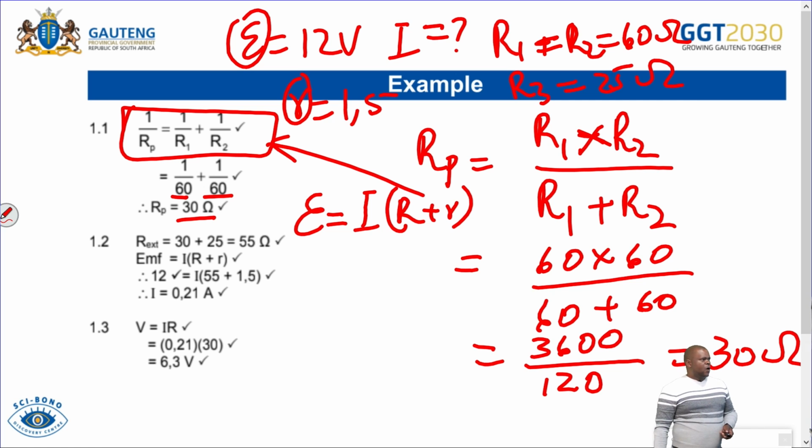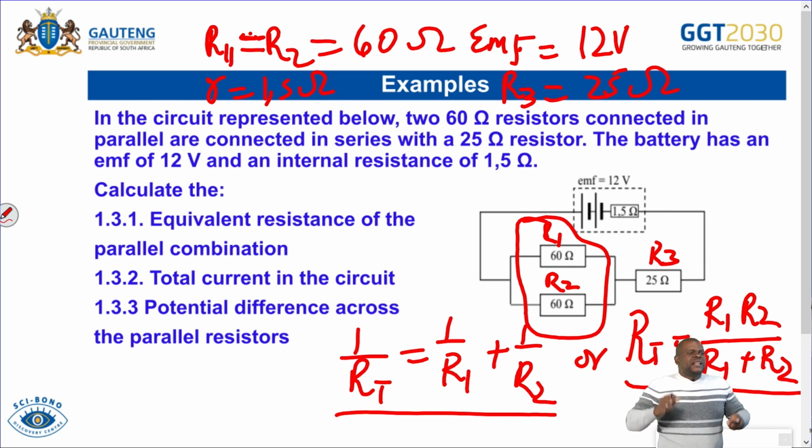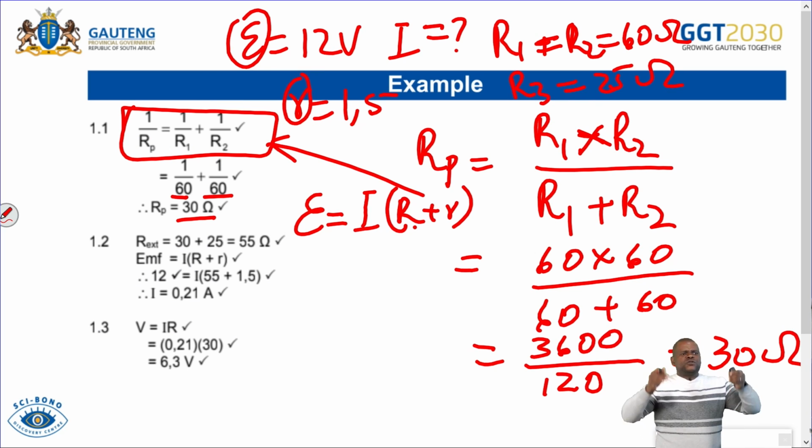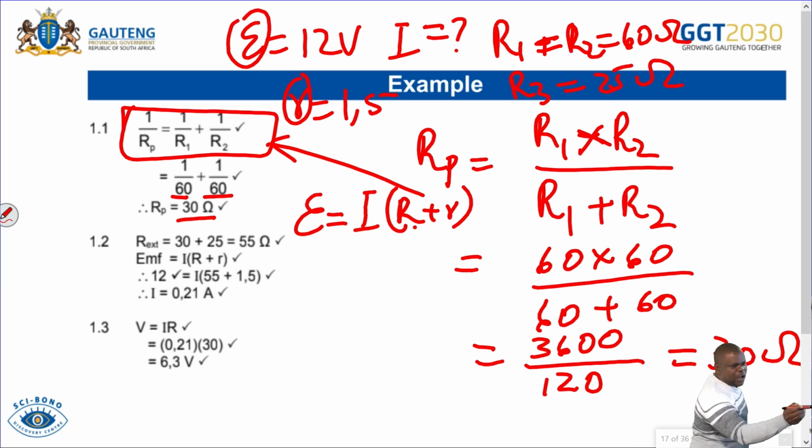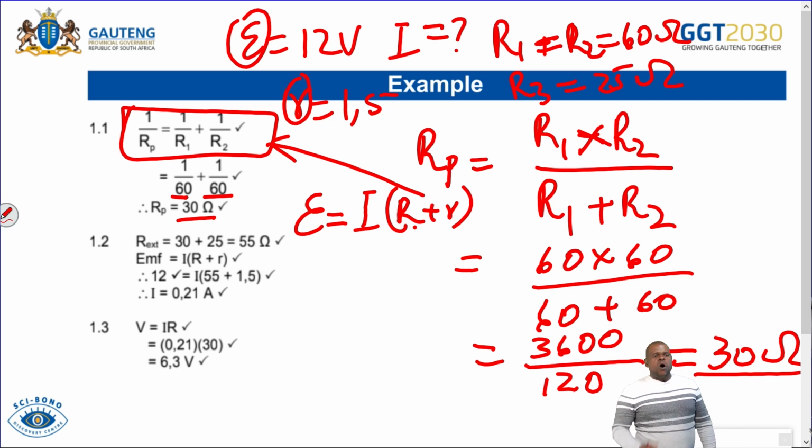Then from there, we know that this stands for the total, because the question says calculate the total current in the circuit. That means we have to use the total voltage, and we have to use the total resistance in the circuit. Now, at this time, we have only the total resistance of the parallel combination.